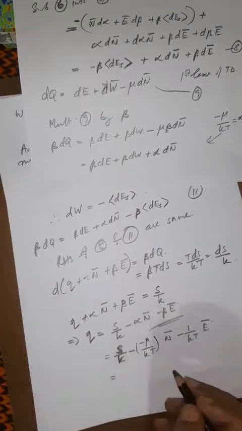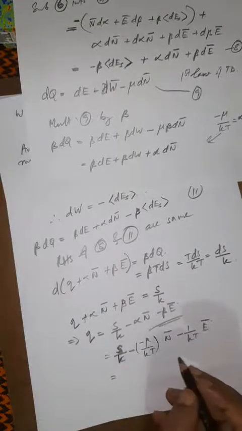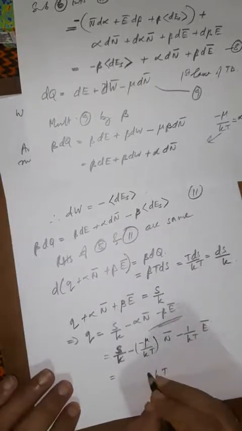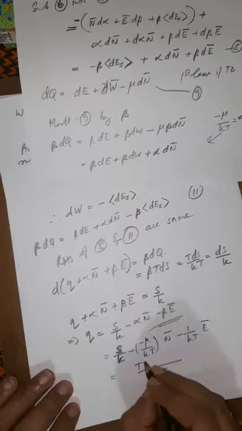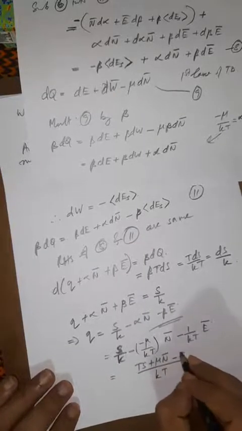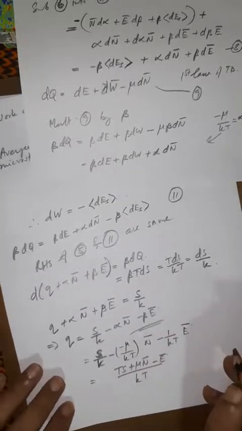I can express the denominator in terms of kT, and I can write it as TS plus mu n bar minus e bar, all over kT, right?